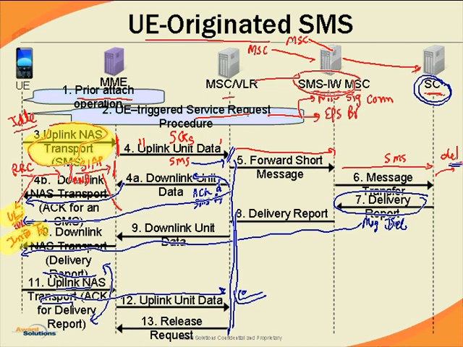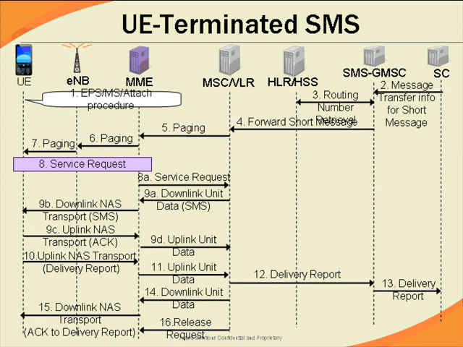where we have UE originated SMS. Now the UE terminated SMS. In that case, what is happening is the service center is sending SMS to the SMS gateway MSC, and the gateway MSC needs to figure out which MSC it should forward the SMS to.